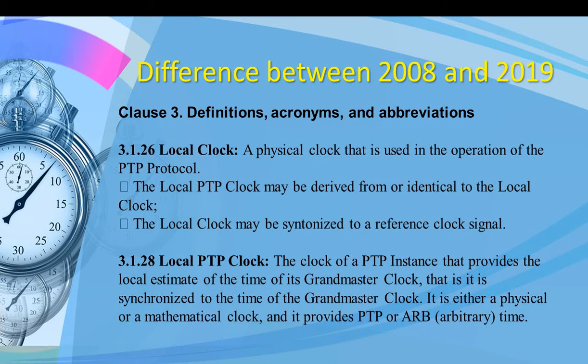Clause number 3, definitions, introduced two terms. One is called local clock, and one is called local PTP clock. What is a local clock? It's a physical clock that is used in the operation of a PTP protocol.